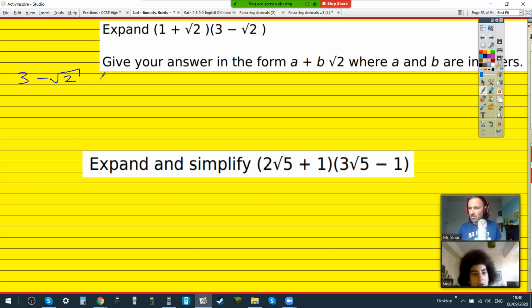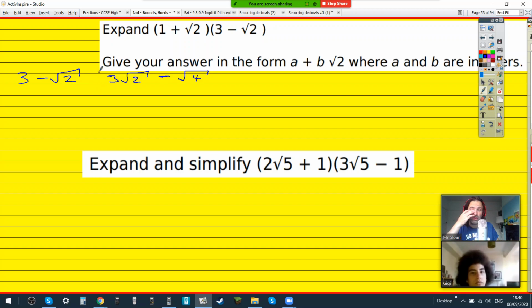And root 2 times 3 would be 3 root 2. Root 2 times root 2. Root 2 times minus root 2 would be minus root 4.